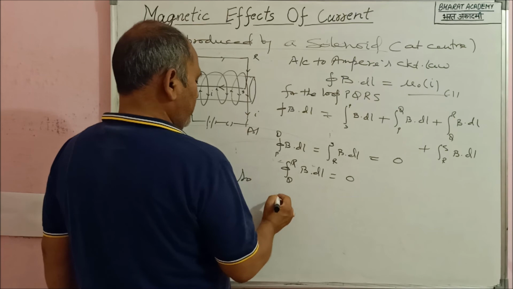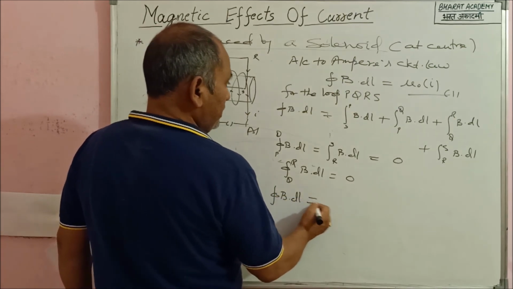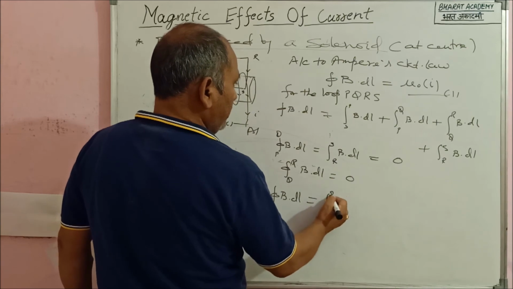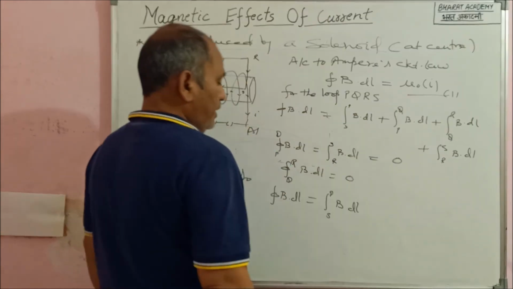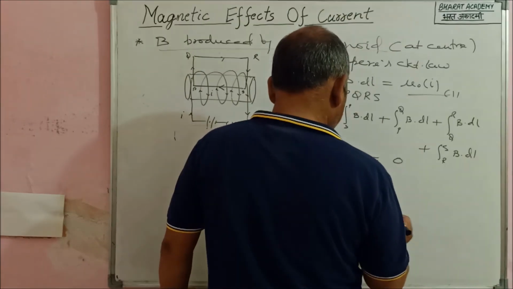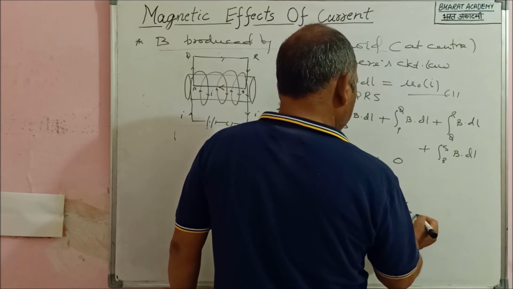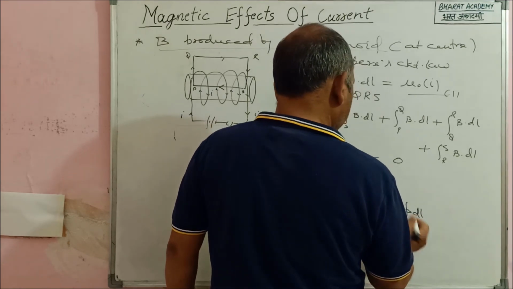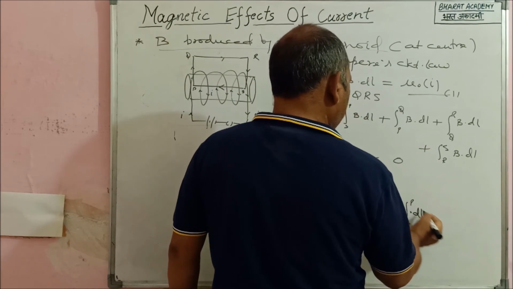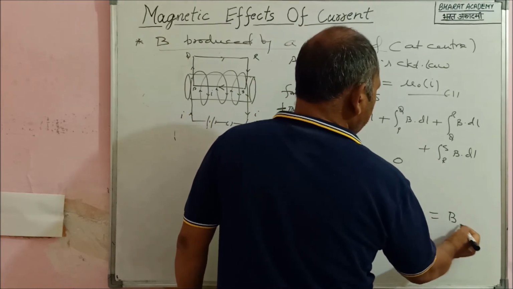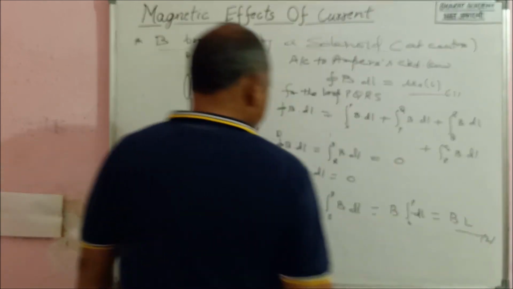So what we are left with is simply the integral from S to P of B dl, right, which is B times the integral of dl from S to P. That will give you the length. It gives you B into L, the length of the solenoid.